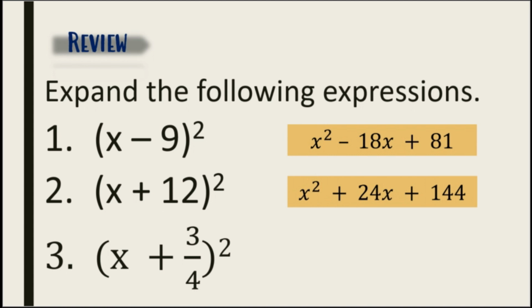That is, the square of x is x squared. So twice the product of x and 12 is 24x, while the square of 12 is 144. So the square of the quantity x plus 12 is x squared plus 24x plus 144, which is also a perfect square trinomial.